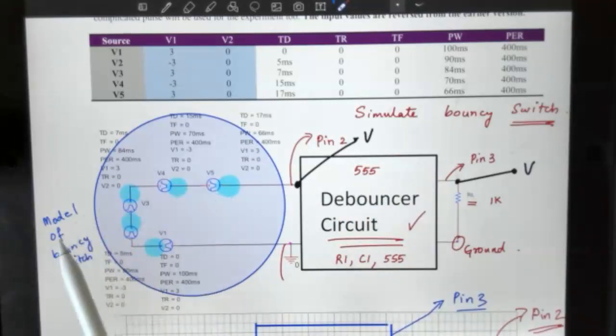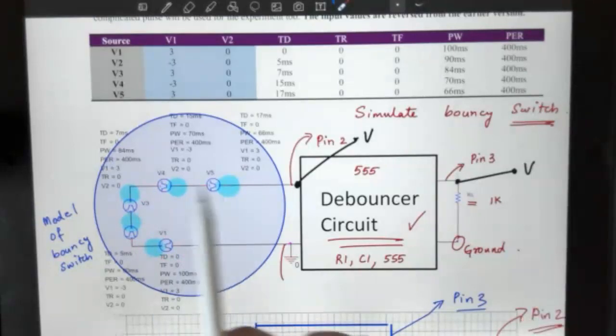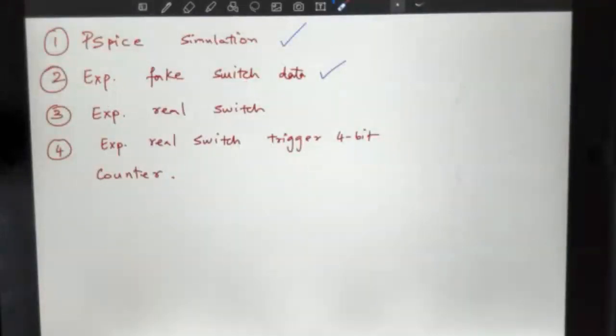So instead of using an actual switch, the first thing that we'll do is use a fake switch, which is essentially the wave gen. So that's fake switch data.